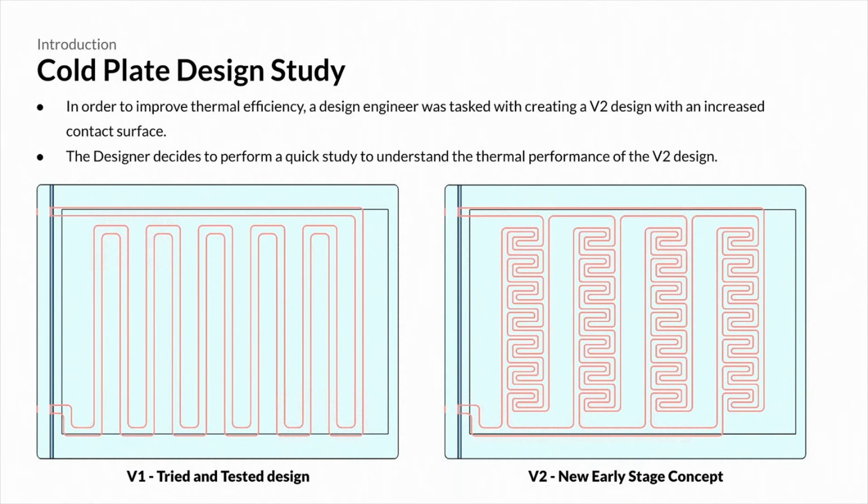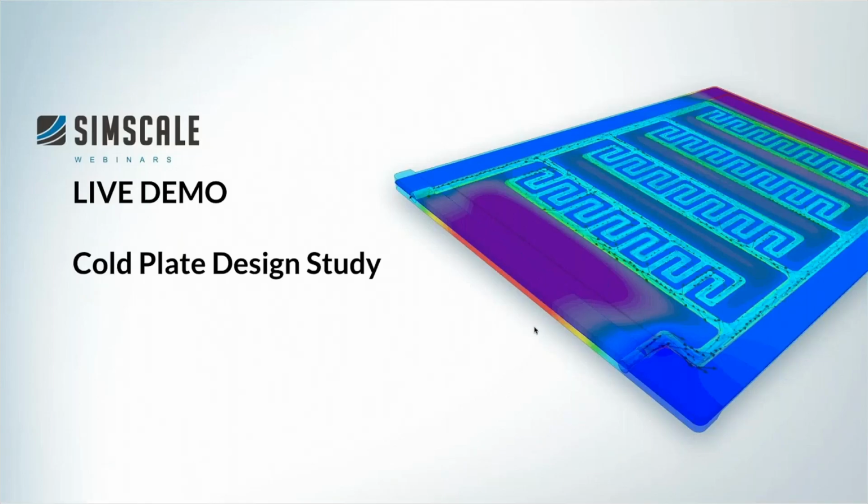So the designer has come up with something, and this is purely something that they've theorized, and they've gone with a labyrinth system cooling channel in the version 2 design on the right-hand side of the screen. But this is all just imagined by them. They've seen something similar. They've designed it in their CAD package, but they haven't actually had a chance to simulate it yet. So that's what we're going to have a look at.